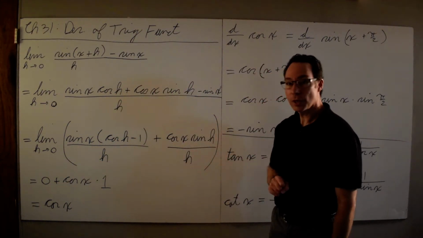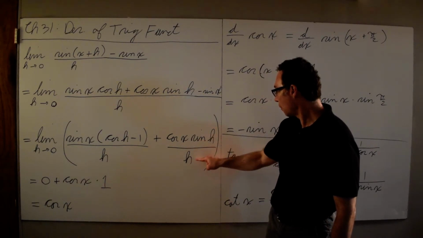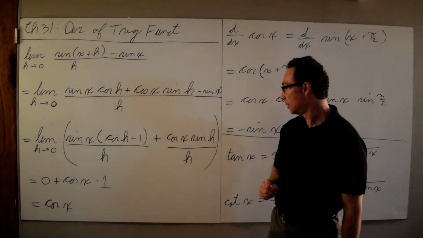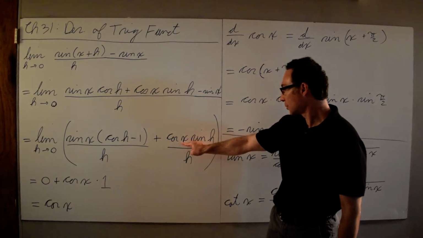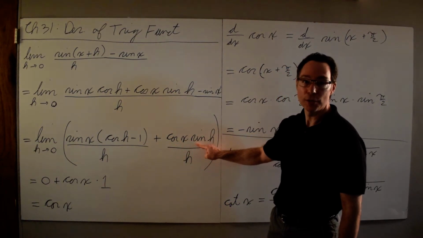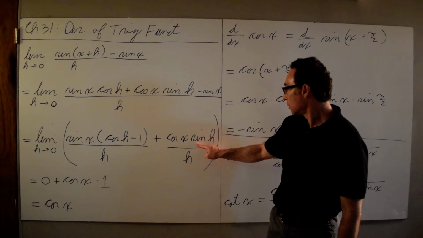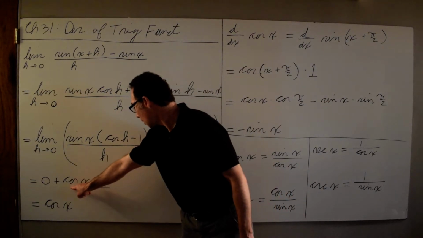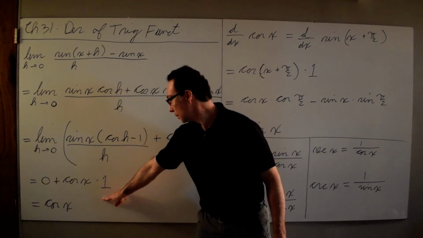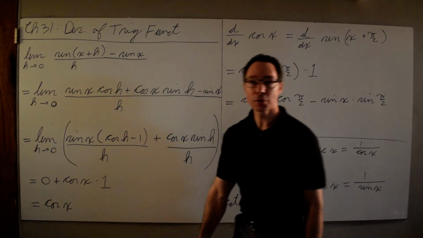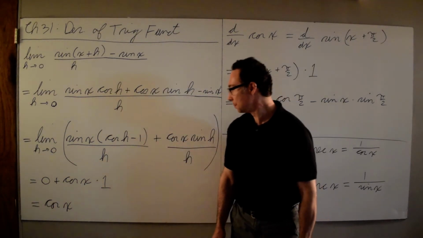The limit as h goes to 0 of sine of h divided by h is 1. And again, cosine x is constant as far as h is concerned. So this limit goes to cosine of x times 1. So the derivative of sine is cosine.